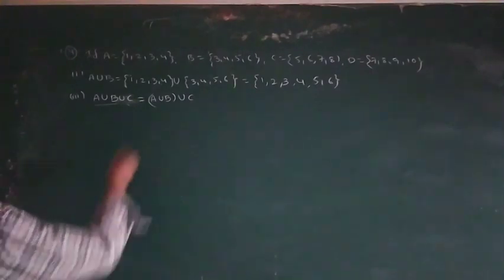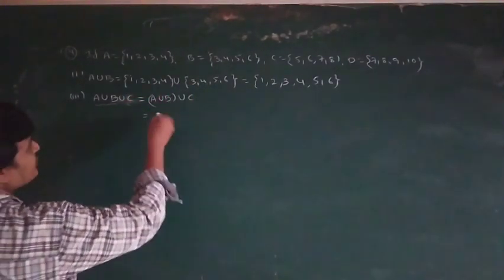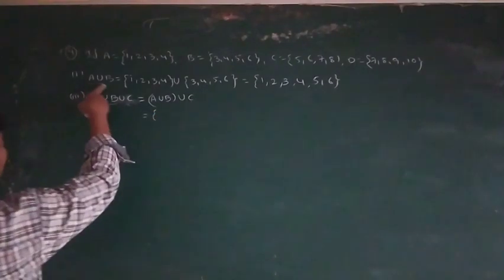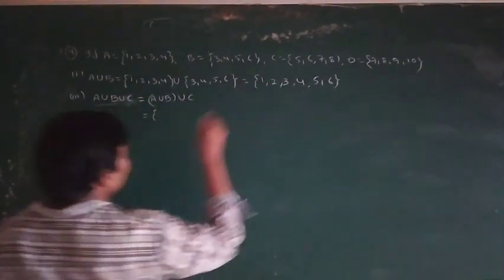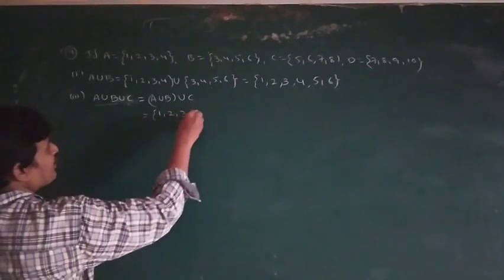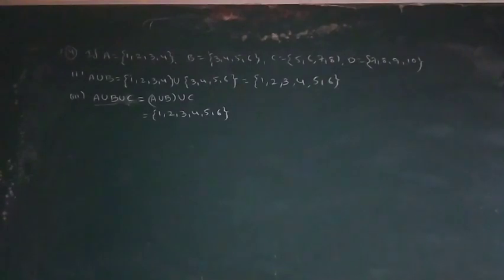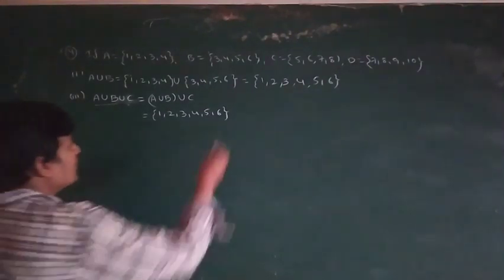So what is A union B? Note here, A union B is equal to 1 2 3 4 5 6.